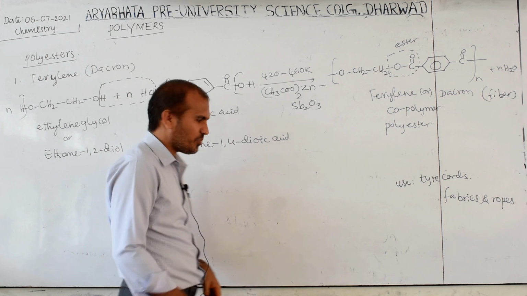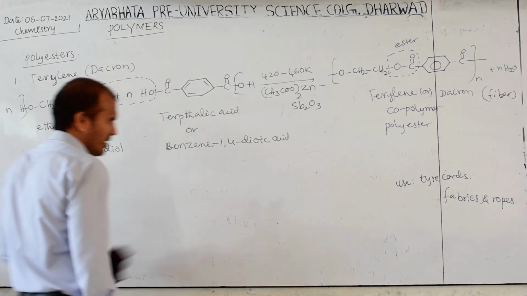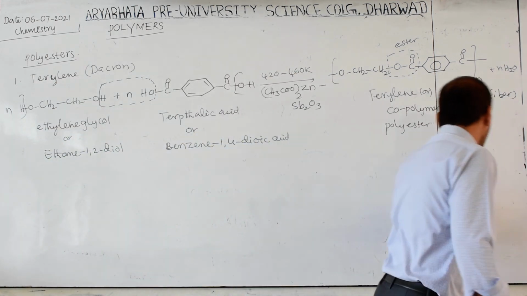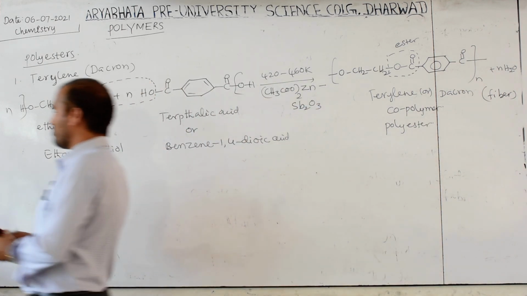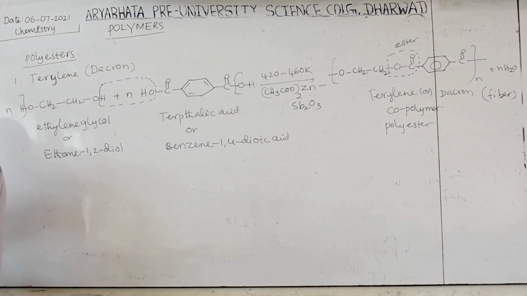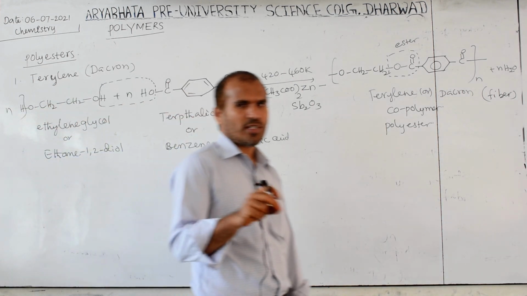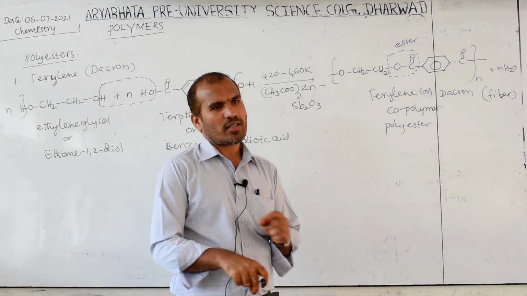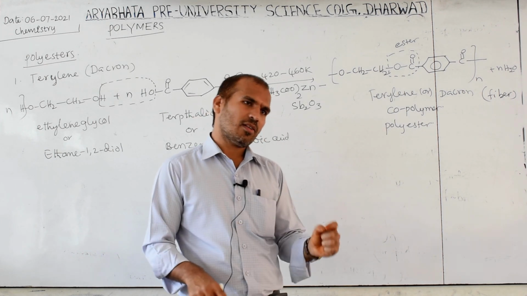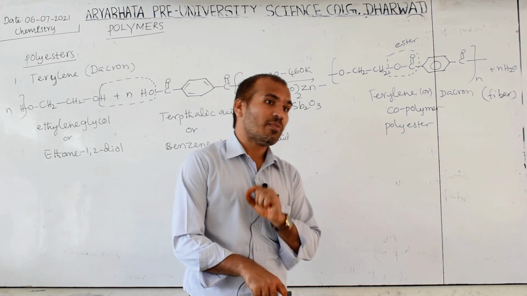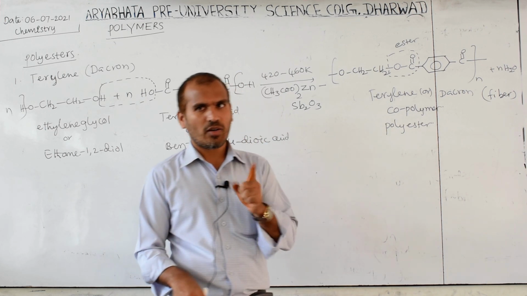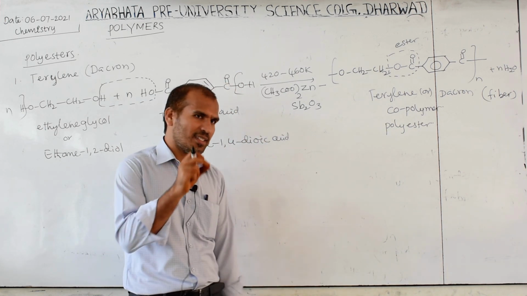Now uses. I will tell first, remember what the uses are. One, it is grease resistant. You may have observed cotton cloth and polyester cloth: polyester also absorbs some grease, and cotton also, but it is easily removable from polyester than from cotton. Therefore it is grease resistant.